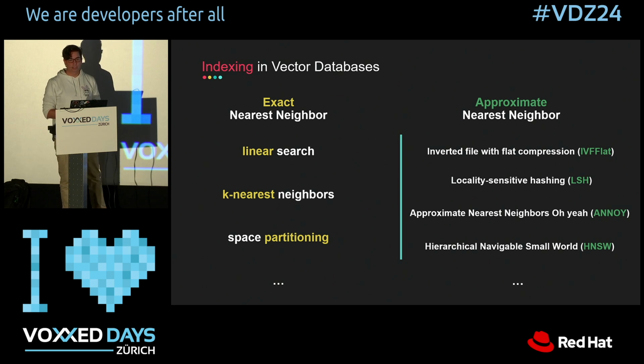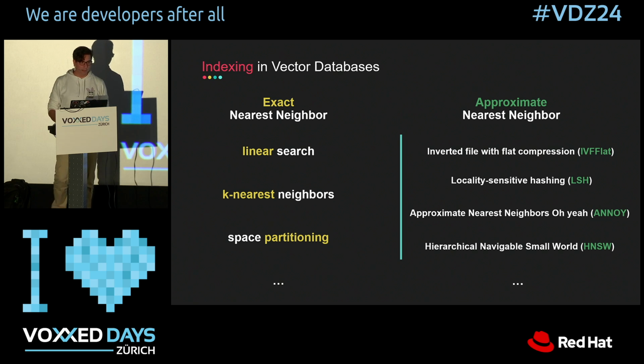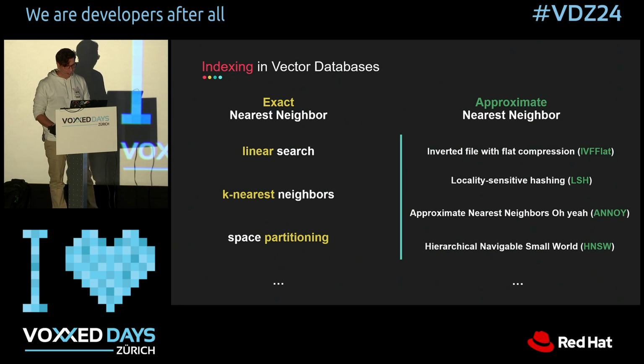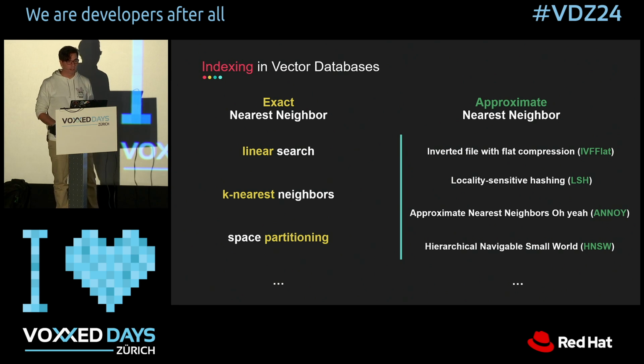But k nearest neighbors is something a lot of developers have heard. It's a pretty standard algorithm. Or shout out to Spotify for approximate nearest neighbors. Oh yeah, Annoy. I don't know if anybody from Spotify is sitting here, but great naming. And my personal favorite, I never thought I would have a favorite algorithm, but here we are. Hierarchical navigable small worlds, and that is also what I'm going to be using and showing today.